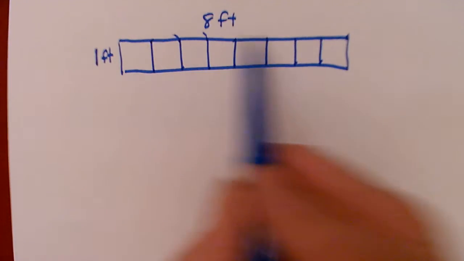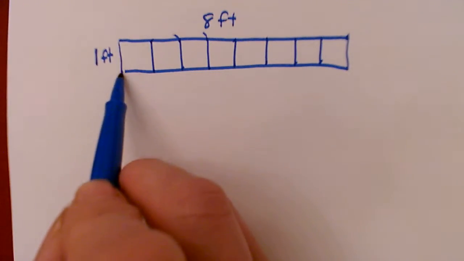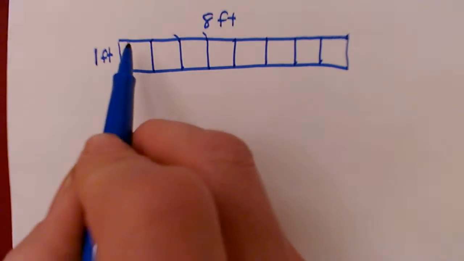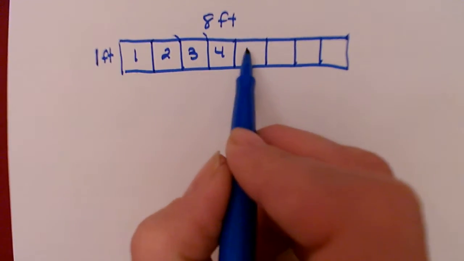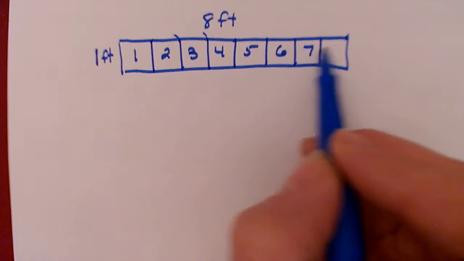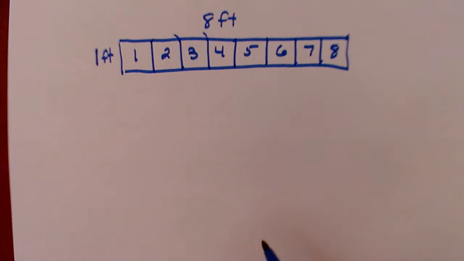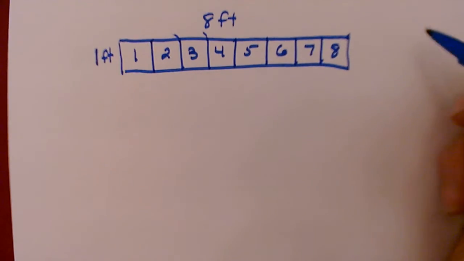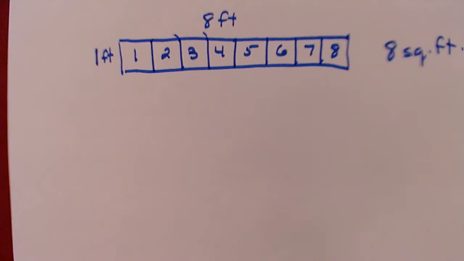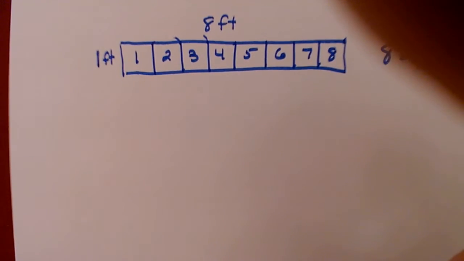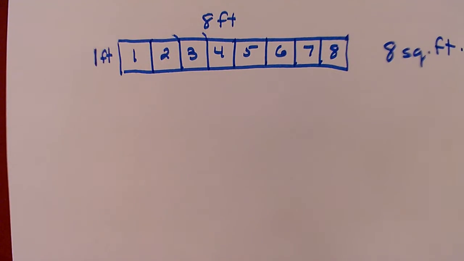It's 8 squares long, and it's 1 square wide, which gives me a total of 8 square units. In this case, it would be 8 square feet, and I'm just abbreviating.